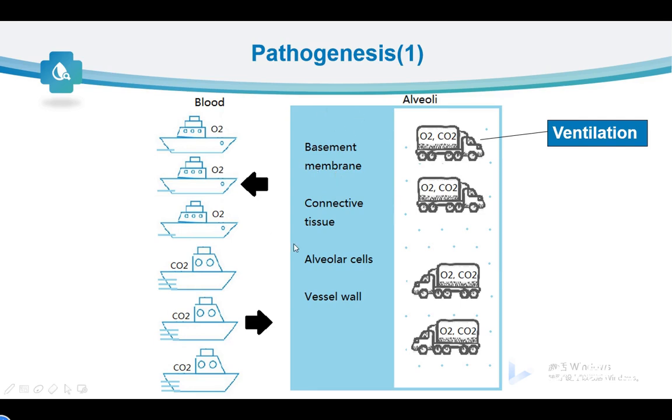This area shows the blood-air barrier, which is formed by the alveolar cells, basement membrane, connective tissue in the interstitium, and vessel wall.